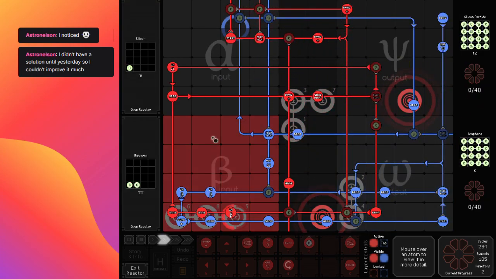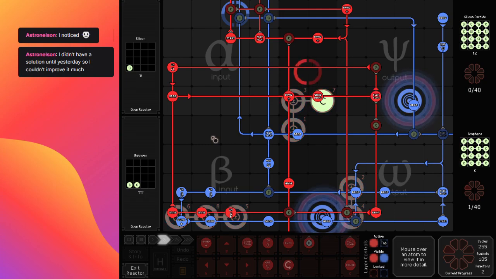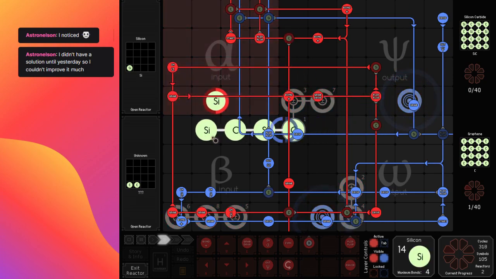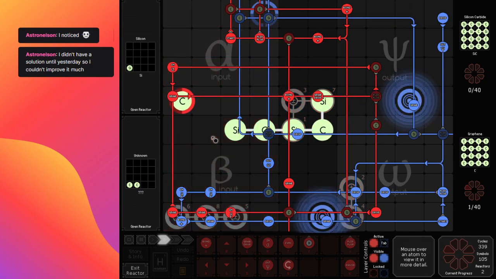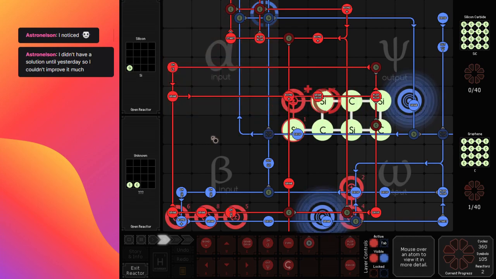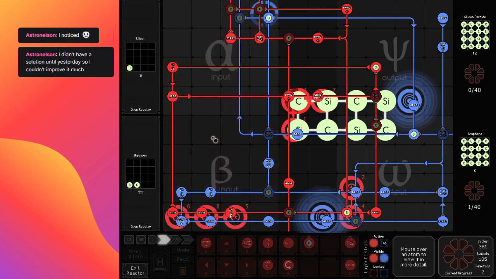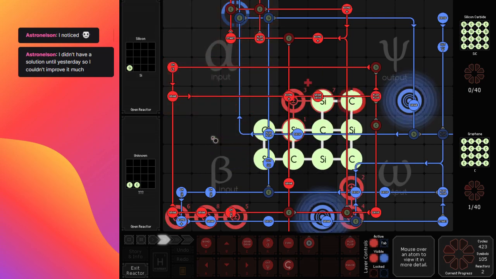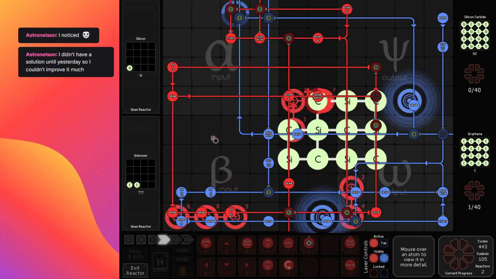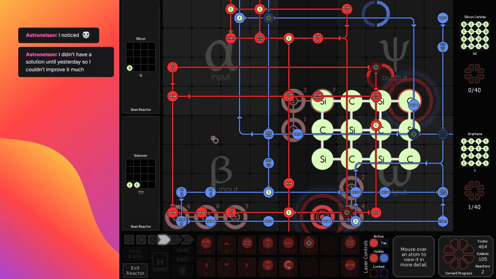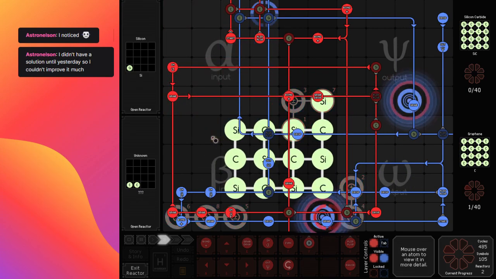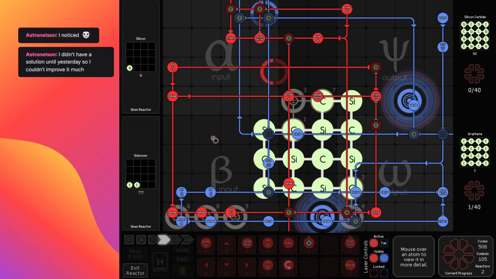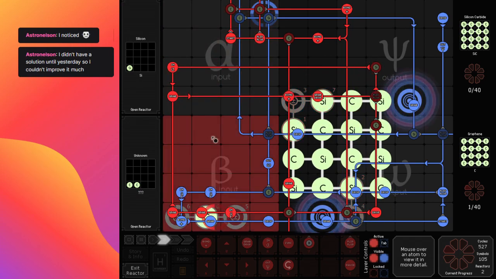Now this reactor makes a silicon carbide. But over here you can see that both red and blue are helping each other out. Now what I'm rather interested in is the graphene construction.